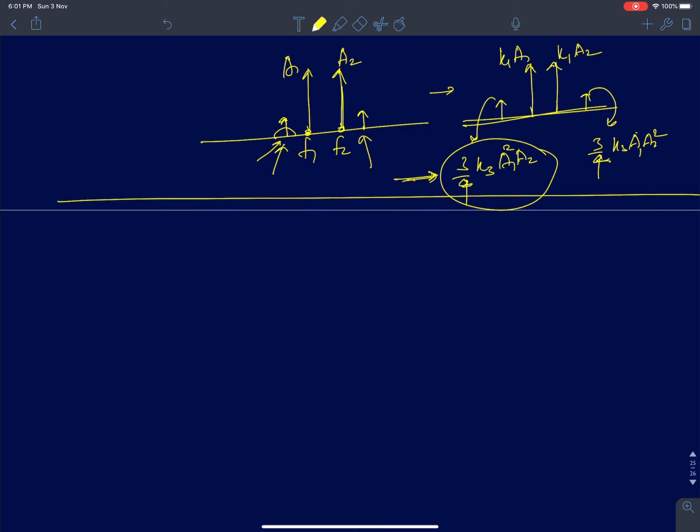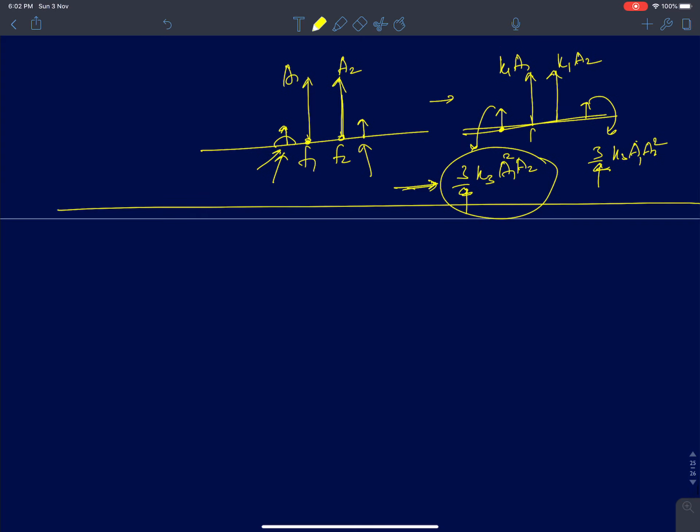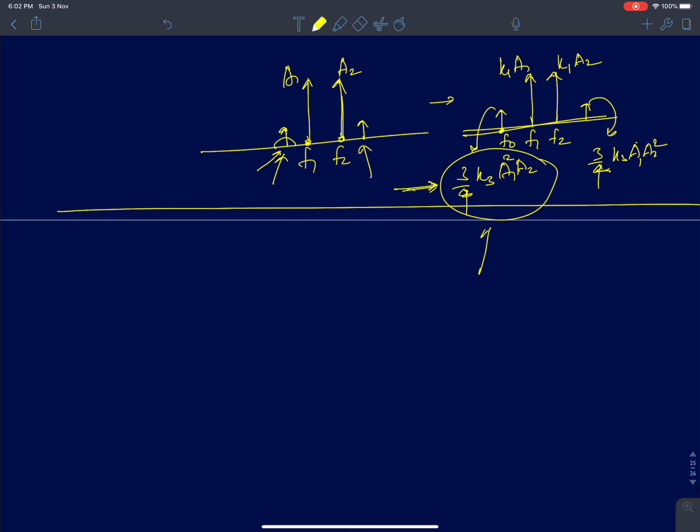So the signal level that we will be receiving, or what I discussed right now, is this: if I have two interferers at f1 and f2, the signal that you will be receiving at your desired channel f0 can be computed. In the presence of nonlinearity k3, we can compute what fraction of it will appear here.